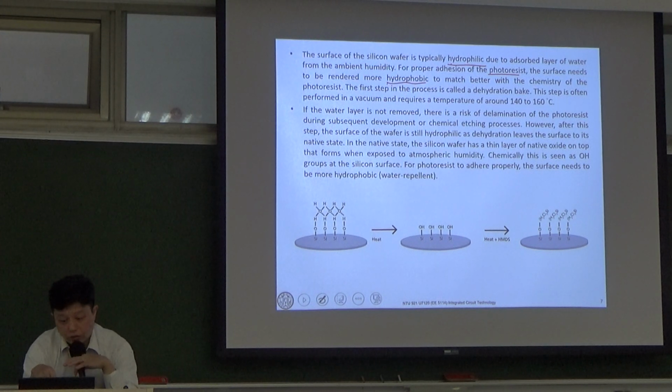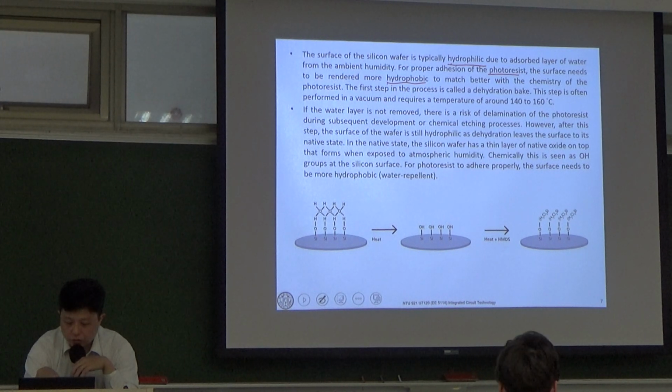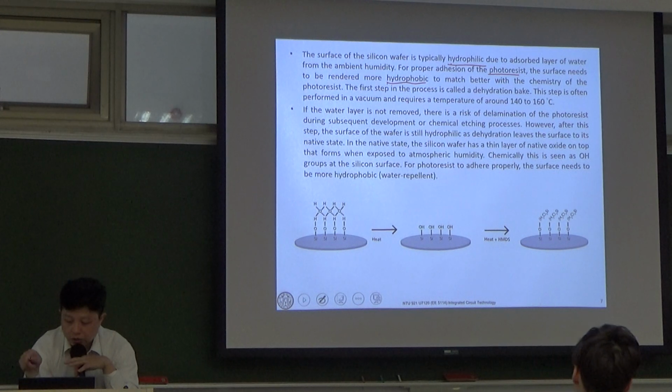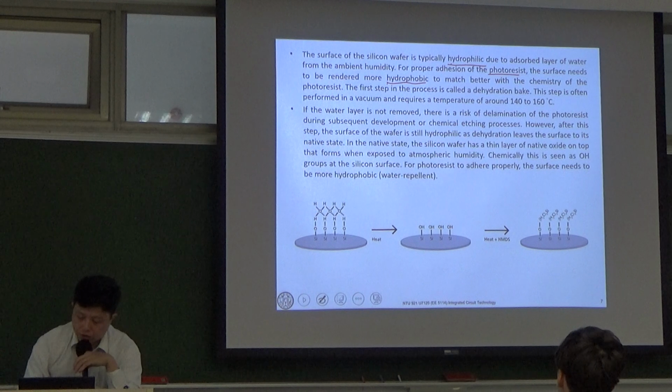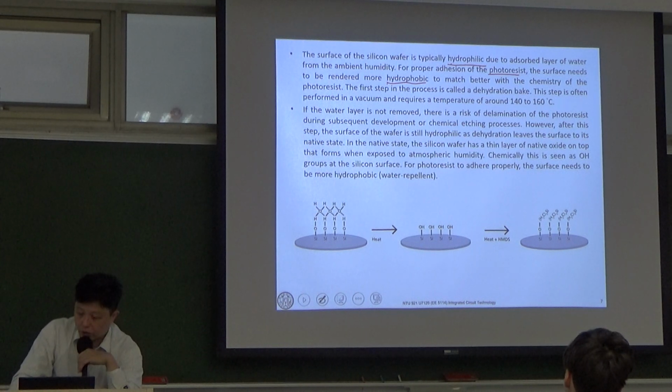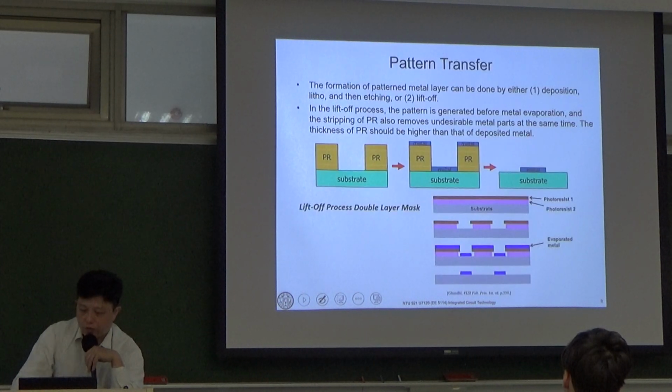So we have to dry out the water vapor first, and also we can use some HMDS film to make it water repellent, and then it is easier for your photoresist to form a bond on top of your surface.